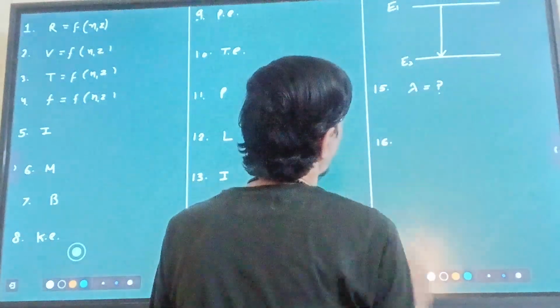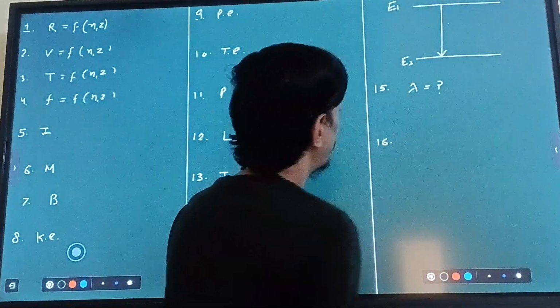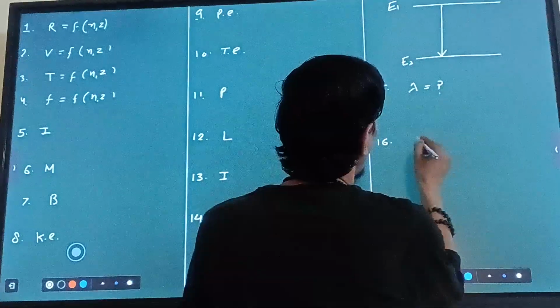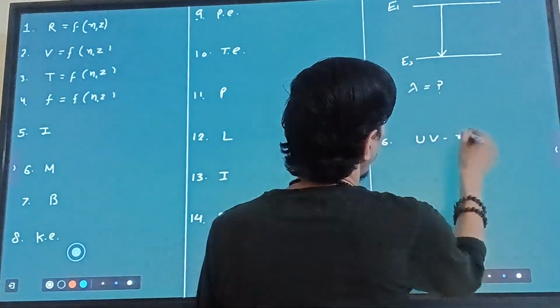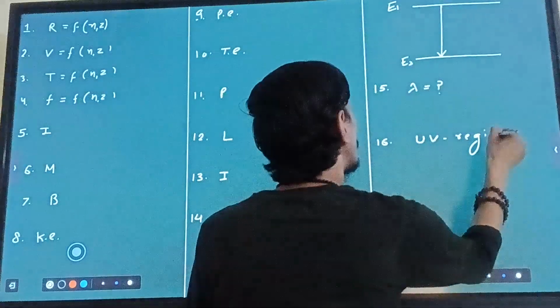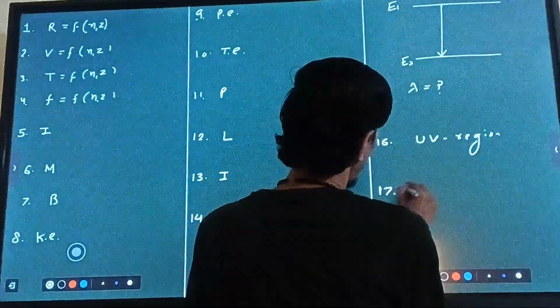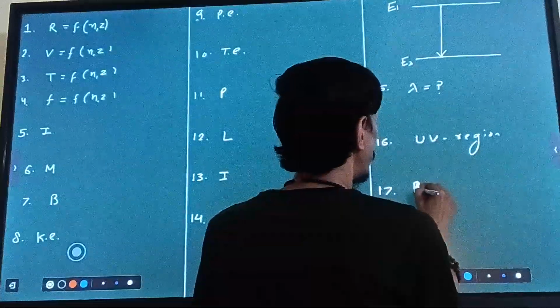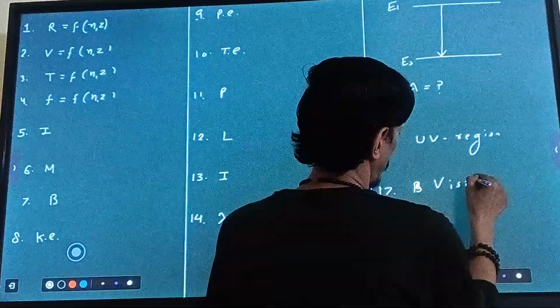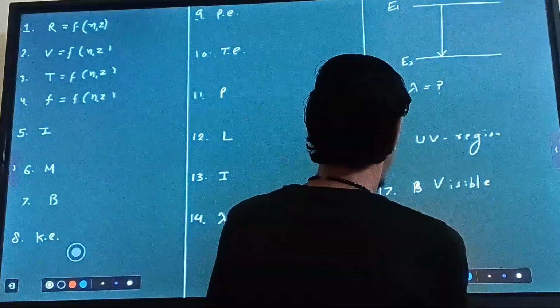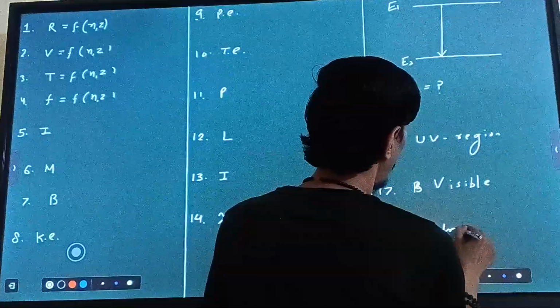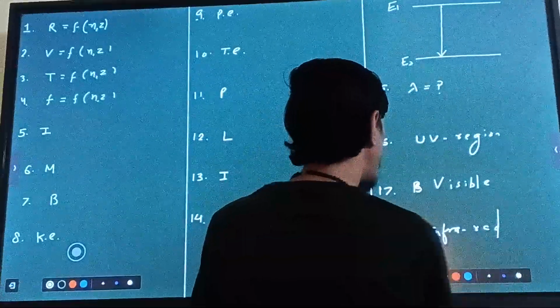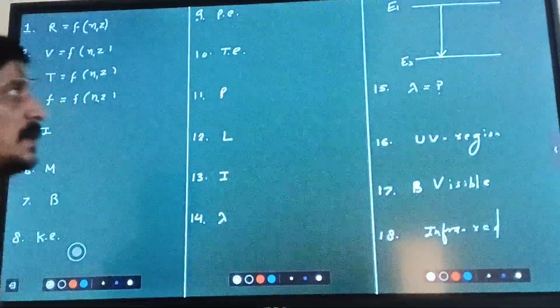Next, let us say which spectrum lies in the UV region. Then, which spectrum lies in the Balmer region, visible region. Then, which spectrum lies in the infrared region. So there are certain questions based on Bohr's model.